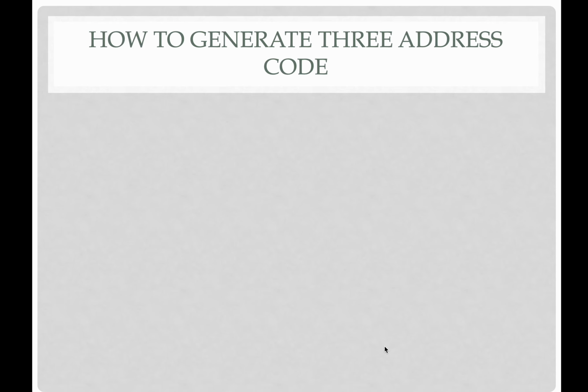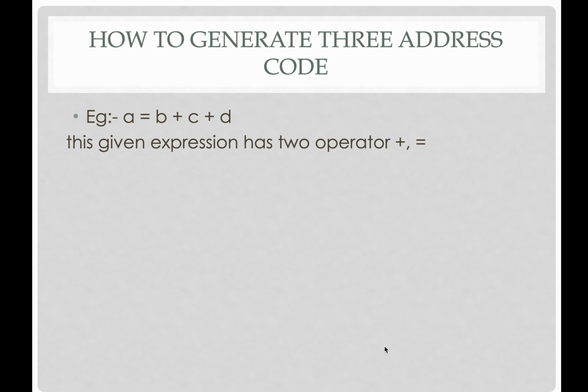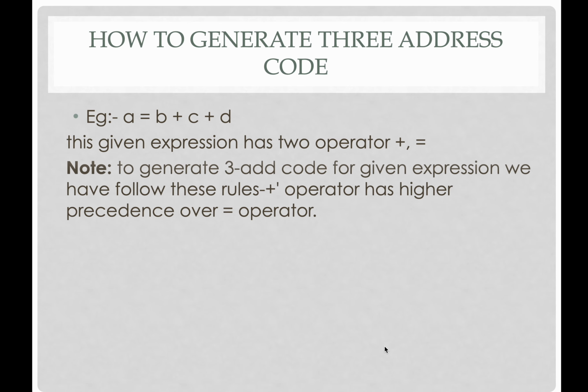How to generate three address code? Let's consider one example: a = b + c + d. In this given expression, operators are plus and assignment. Here plus is the operator with the highest precedence.